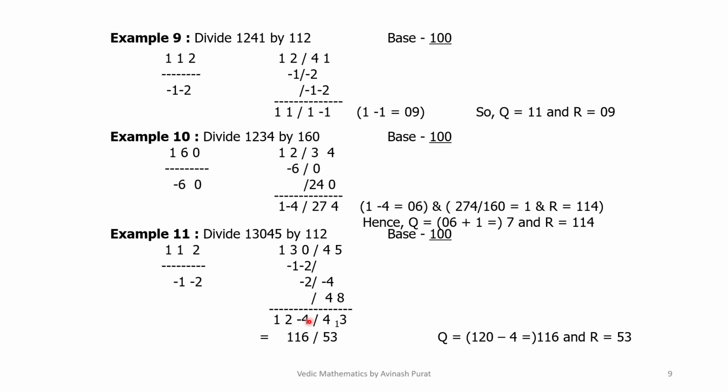And minus 4 multiplied by minus 1 minus 2 is 4 8. So 5 plus 8, 13. 4 minus 4 is 0, plus 1. So 4 plus 1 is 5. 120 minus 4 is 116 stroke 53. So quotient is 116 and remainder is 53.